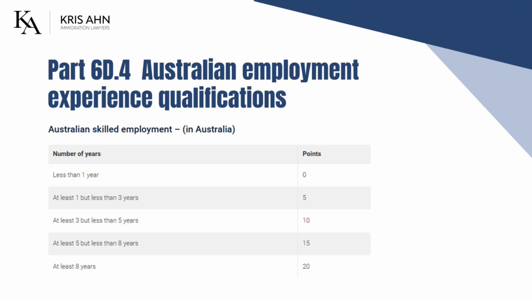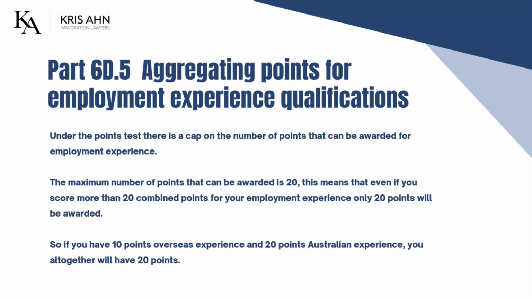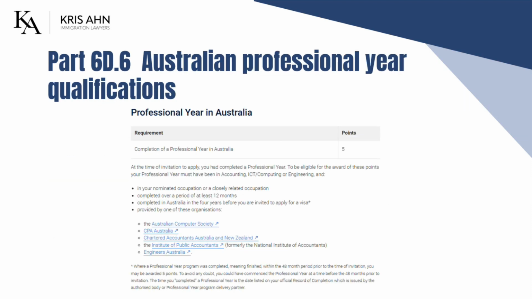And then they'll let you know where it's been changed. So it's quite convenient that way, so that the client doesn't have to keep checking and keep updating. Okay, so far we've got 15 points altogether for overseas employment and Australian employment, and she hasn't reached the cap. So all good.